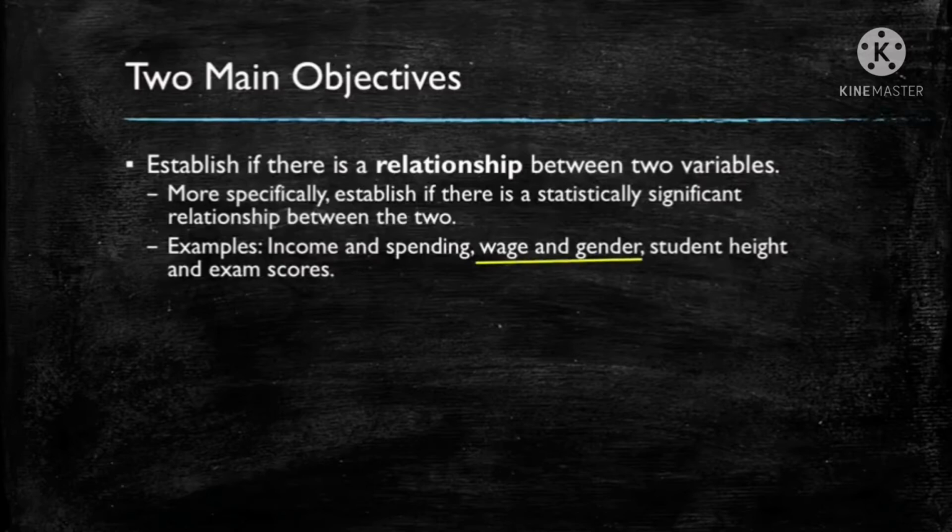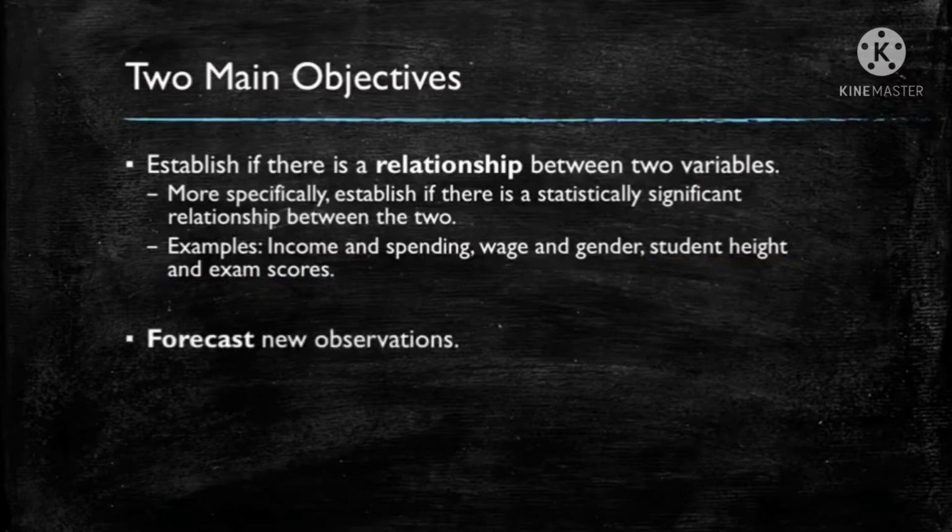We could ask if men are more likely to earn higher wages than women, in which case we're talking about gender discrimination, which is negative and we don't want it, but we can actually use regression models to test if that relationship exists. Another example that I hope you find odd is the relationship between a student's height and that same student's exam scores. We should expect no relationship to exist, and we can use our regression models to test that.